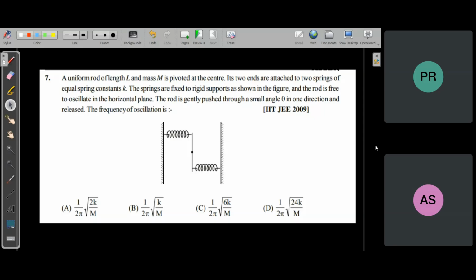You can ask your doubt. This is a JEE 2009 question.